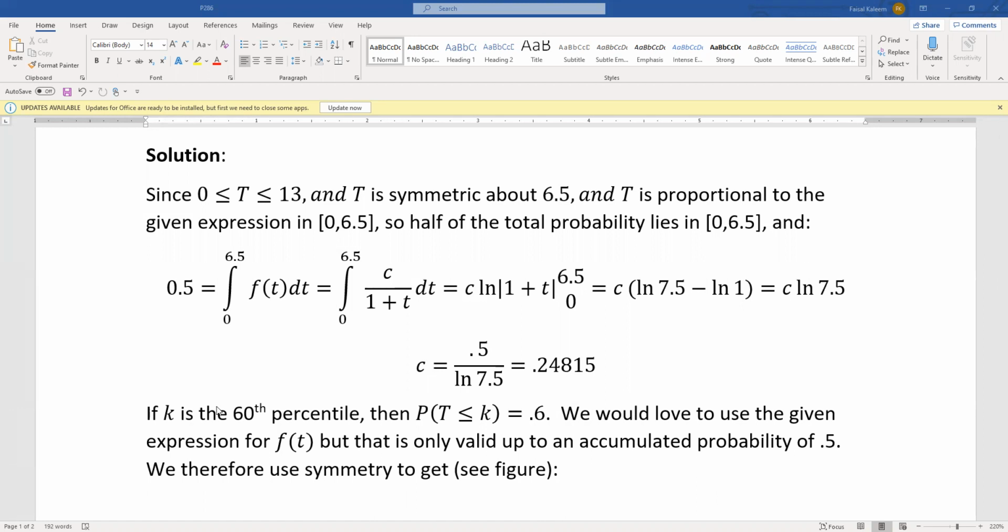Now k is the 60th percentile, and that means the probability that t is less than or equal to k is 0.60. We would love to use the same expression for the PDF now that we have the constant, place 0.6 here, integrate from 0 to k of f(t) with c known, and things look very simple.